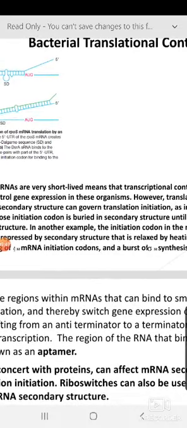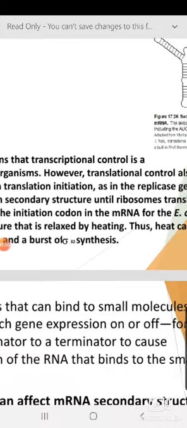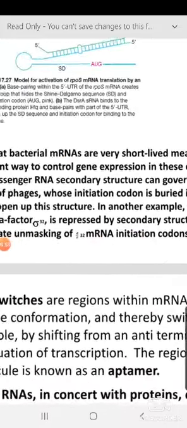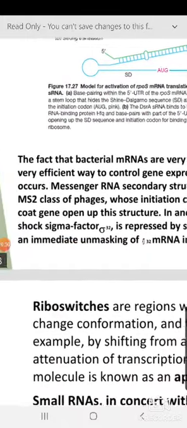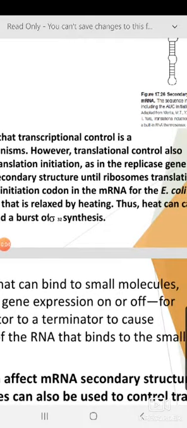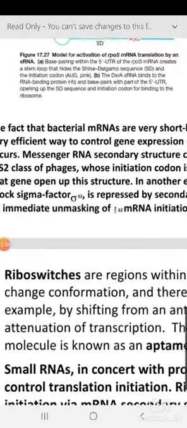The secondary structure can govern translation initiation, as in the replicase gene of the MS2 phages, whose initiation codon is buried in the secondary structure until the ribosome translating the coat gene opens up this structure.